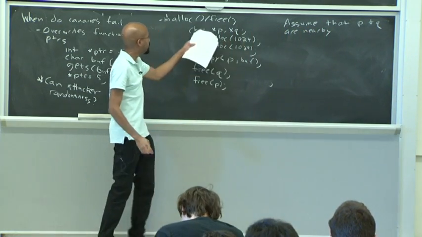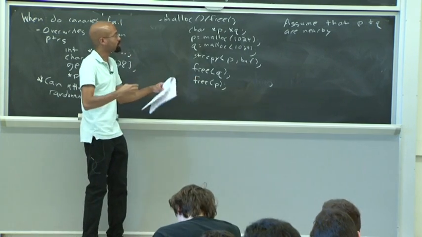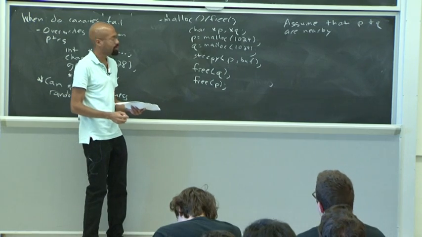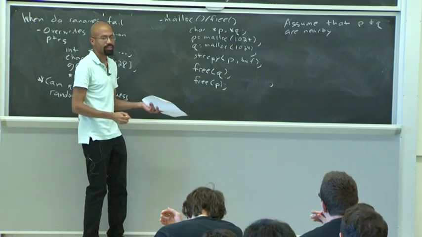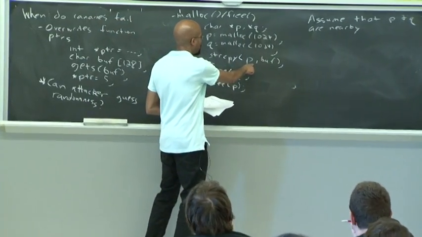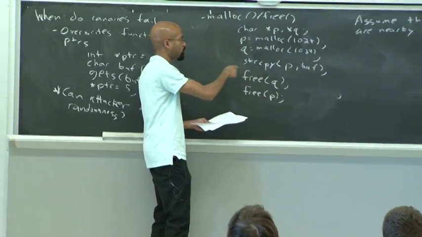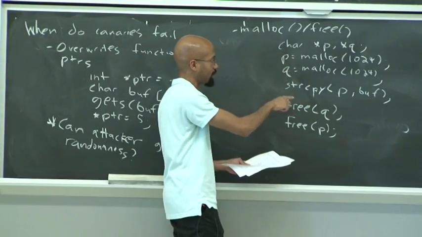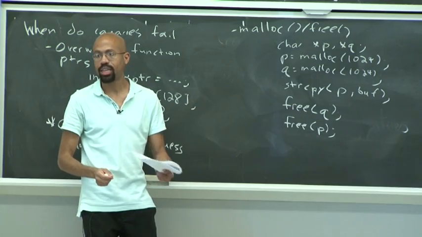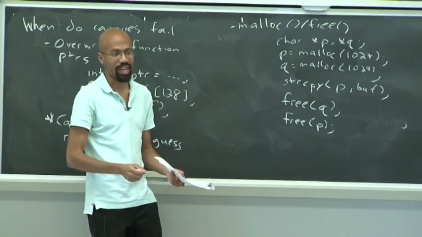So both of these objects sort of lie next to each other in the memory space. There are some subtle and sort of evil things that can happen here, right? Because this strcpy might fill P with a bunch of stuff, but it might also corrupt some of the state that belongs to Q. Okay, and this can cause problems.